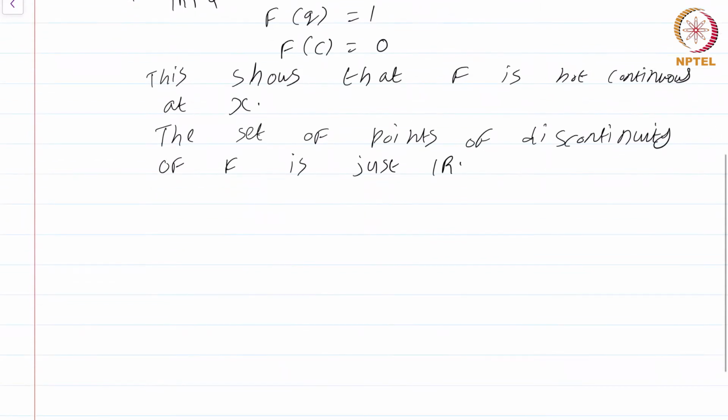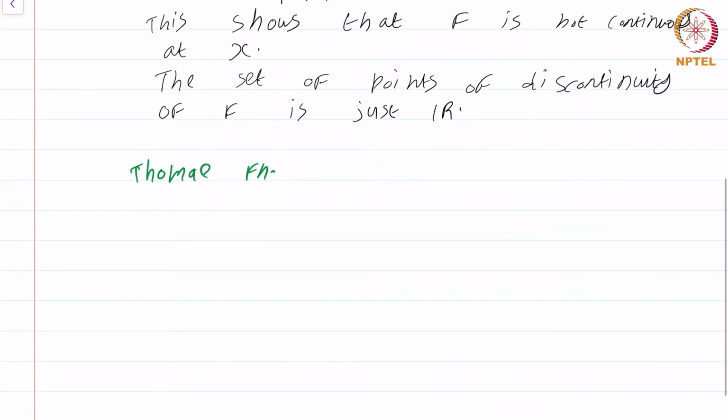Okay, now let me introduce another weird function. This is called the Thomae function. The definition is somewhat similar to the Dirichlet function, but it differs at a crucial point. This is defined to be f of x equal to 0 if x is irrational. That's the same.